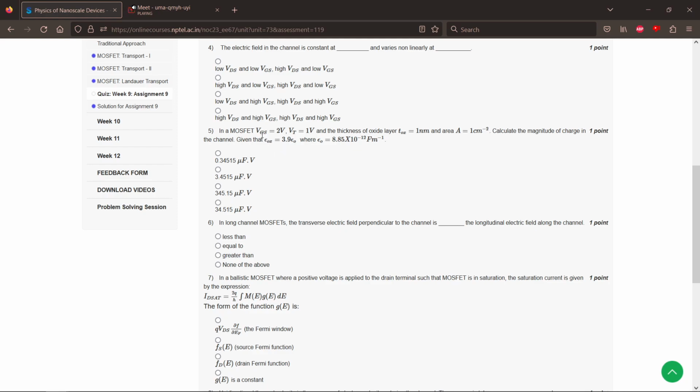Over here, VGS has been given, VT has been given, the thickness of the oxide layer has been given, and the area has also been given. The dielectric constant, essentially the permittivity of the medium, is presented, and you've been asked to calculate the charge in the channel.